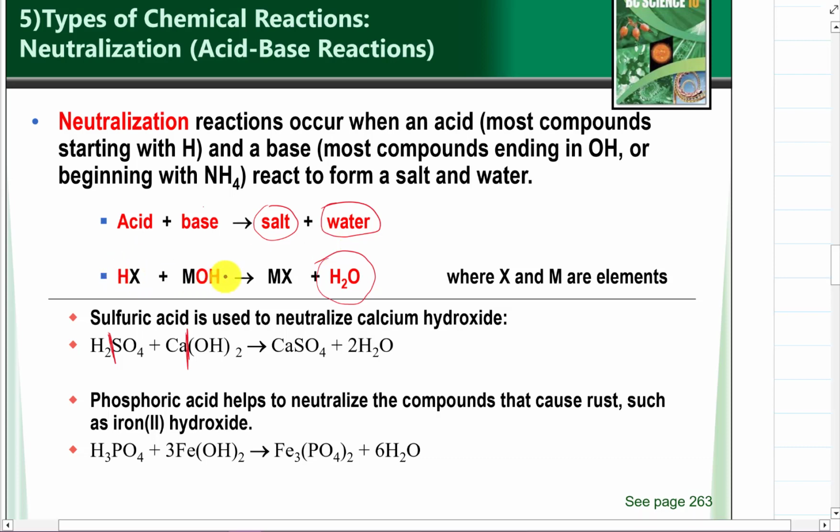And it's an acid and a base. So this is a neutralization. This is a neutralization because it's an acid, and that's a base because it has hydroxide. That produces the water, and then we get the Fe and the PO4.